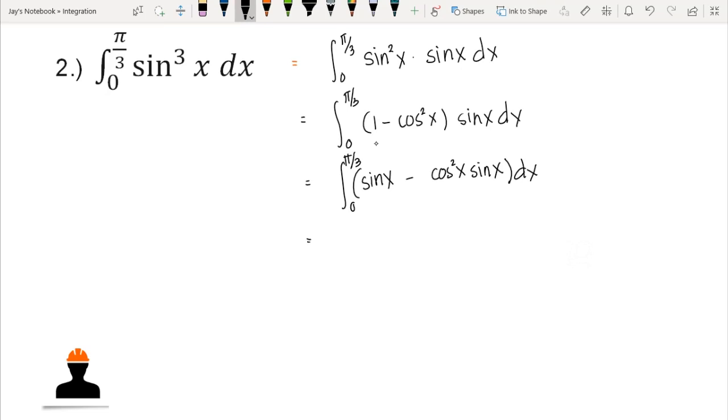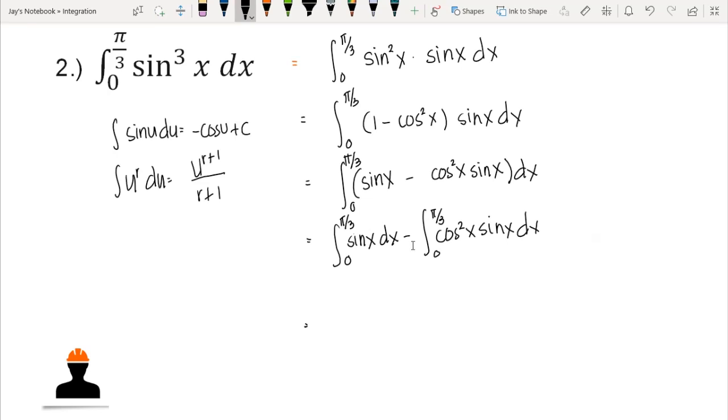Since we have two terms here, we can integrate them individually. So it is the integration of sine x dx minus the integration of cosine squared x sine x dx, with limits from 0 to pi over 3. For the integration of sine x dx, that is basically the integration rule for sine u du, which is equal to negative cosine u plus c.